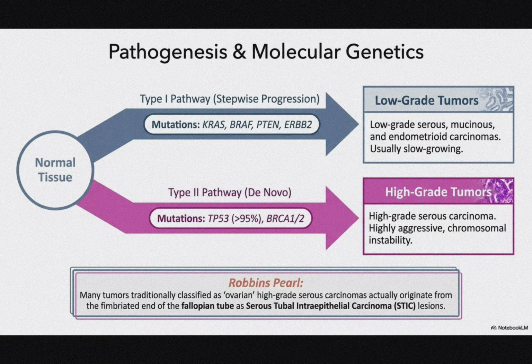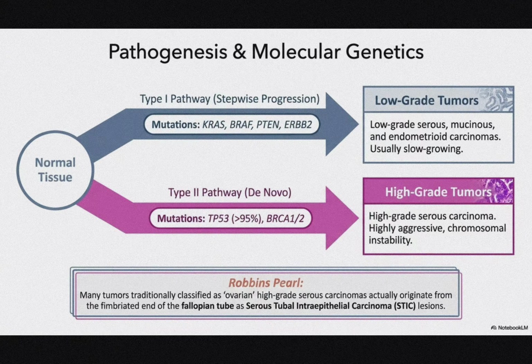So let us discuss the pathogenesis and the molecular genetics of ovarian tumors. First, we have normal tissue. It has two pathways, the type 1 pathway and the type 2 pathway, which lead to the molecular genetics and follow the pathology to form ovarian tumors.